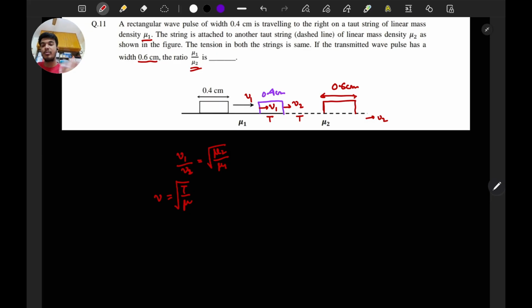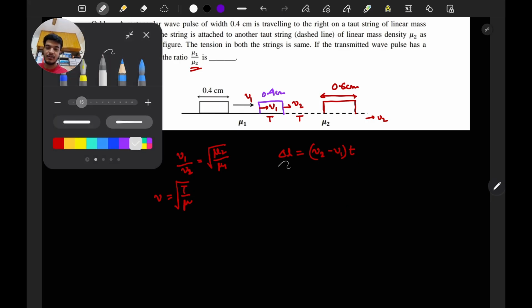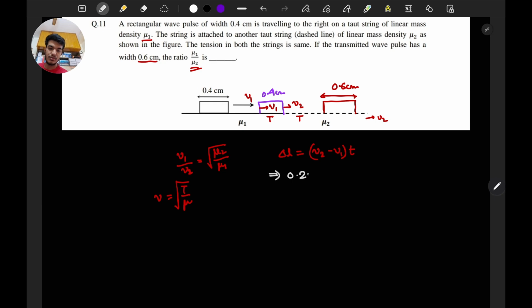So with each passing moment, there is an increase of length of (v2 minus v1) into t. This delta L we already have as 0.2.